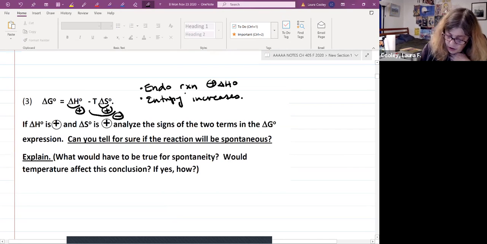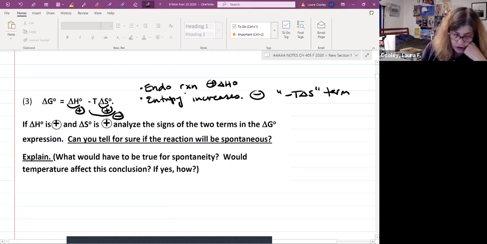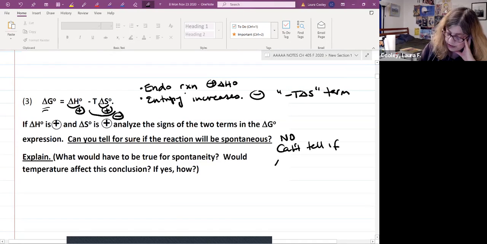So that leads to a negative minus T delta S term. And so that means that we don't know what the sign of delta G will be. So the answer, can you tell for sure, is no. Can't tell if delta G0 will be positive or negative.